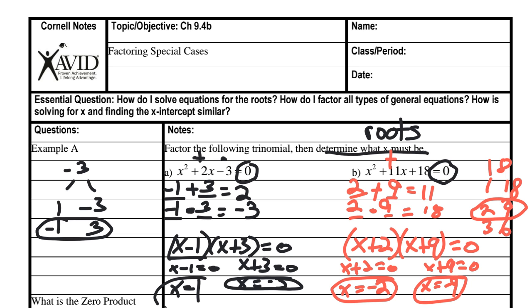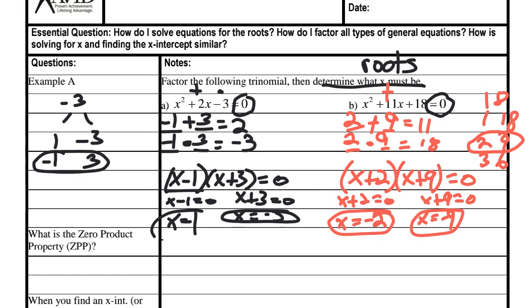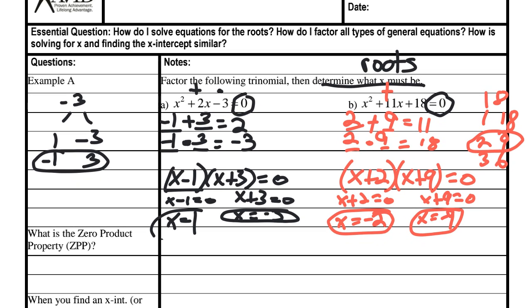Okay. What we just did there is called the zero product property, or ZPP for short. What does it mean? It simply means that we are finding the x value when both parentheses equal 0. That's all the zero product property means.